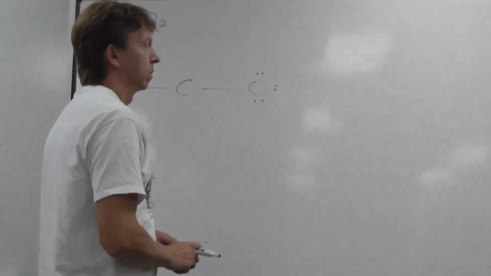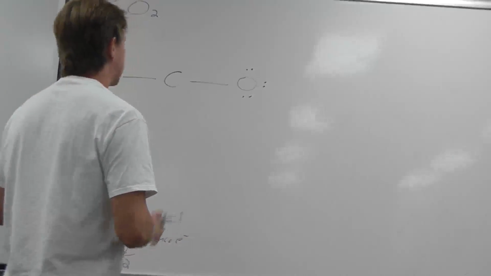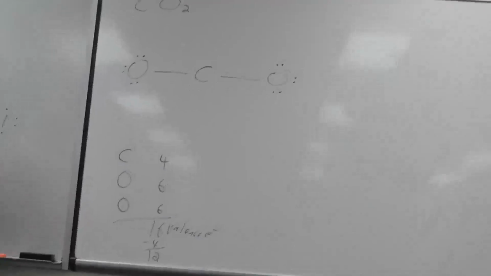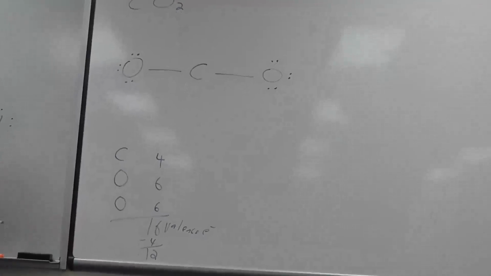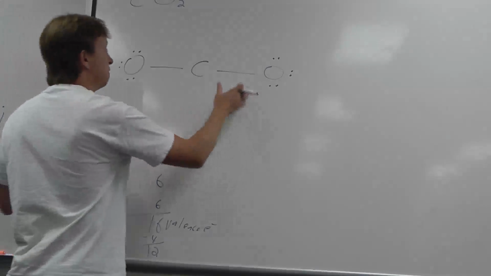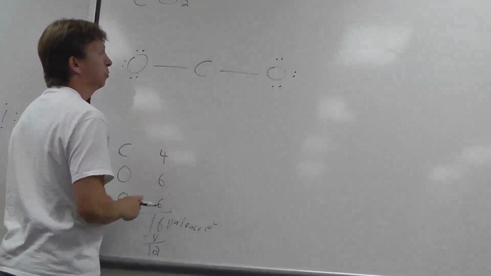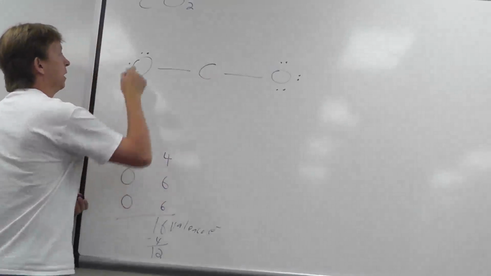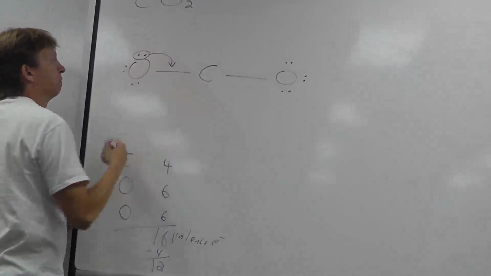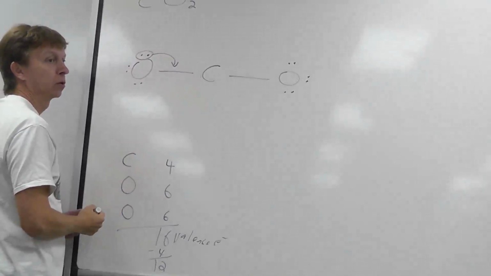Sometimes what happens, and this is something that you have to do visually because this little formula is not going to predict it for you, is that in order to finish out the octets and give atoms their preferred number of bonds, an atom will take a pair of its electrons and fold that in to make an extra bond.